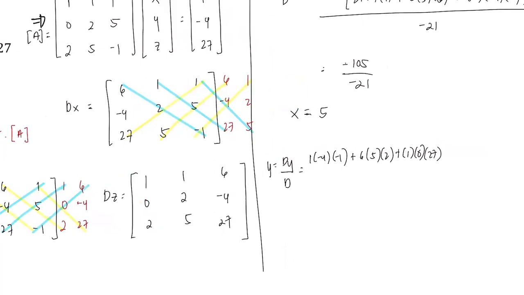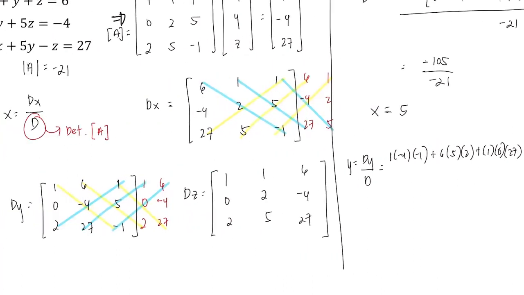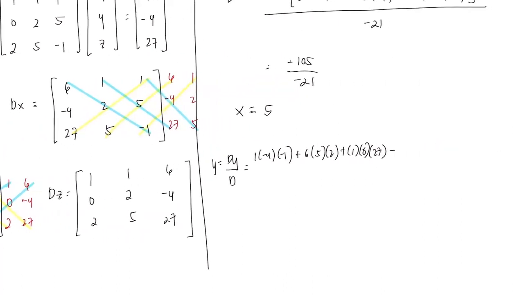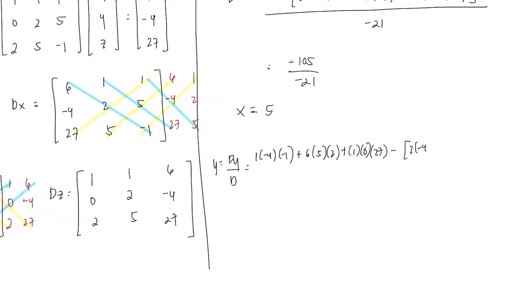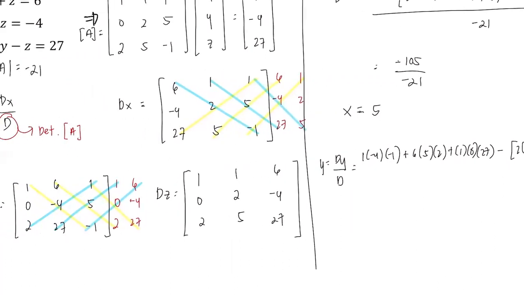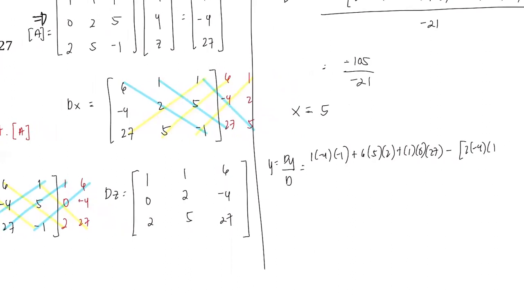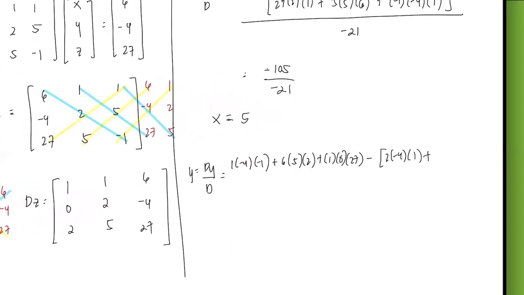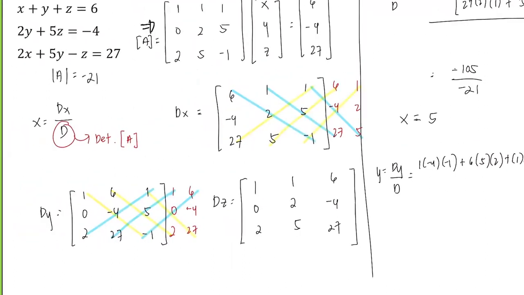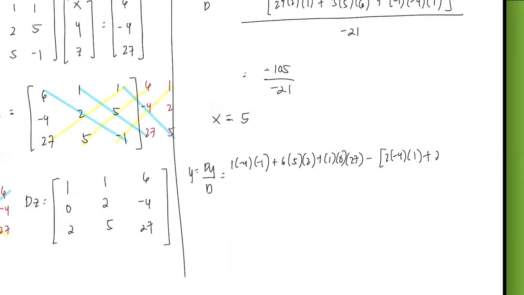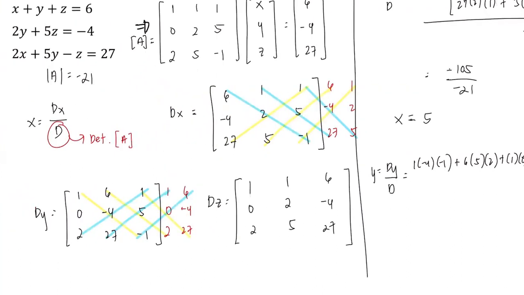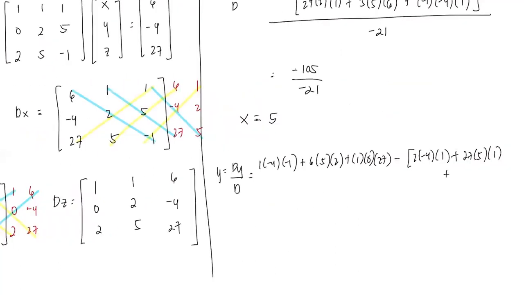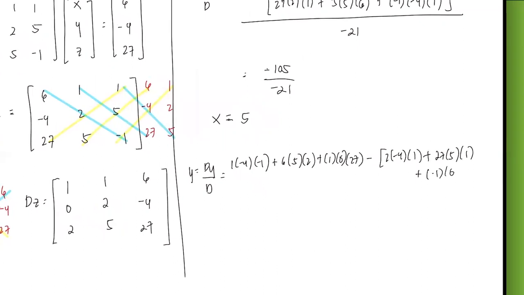Times 27, minus 2 times negative 4 times 1, plus 27 times 5 times 1, plus negative 1, 0, 6.